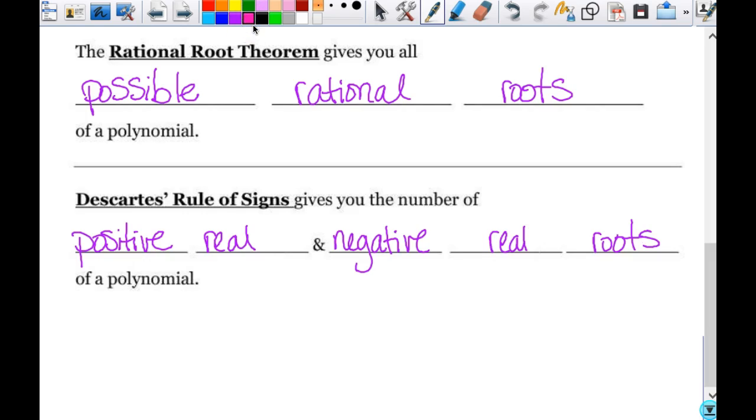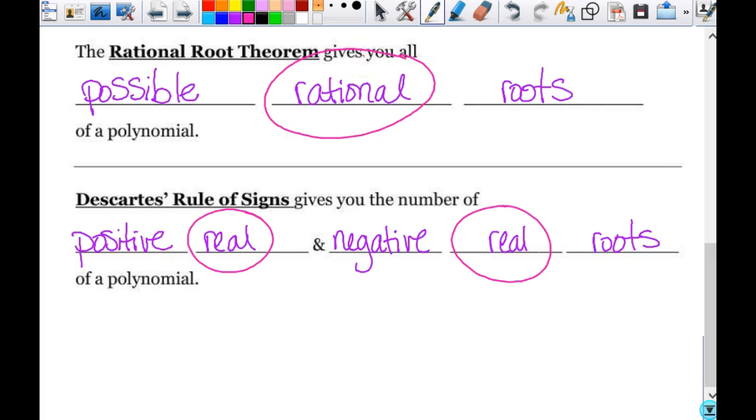Descartes' rule of signs deals with your real solutions. Rational root theorem only deals with the rational. Now, are rational roots real roots? Yes. Okay, but we have rational here and we have real here. So real also includes what? The irrational. Okay, so the Descartes rule of signs is going to give us rational and irrational roots, but not imaginary. And then the rational root theorem only gives us the rational ones.